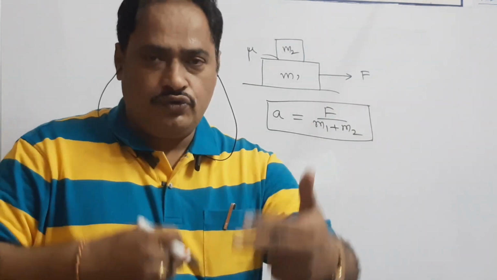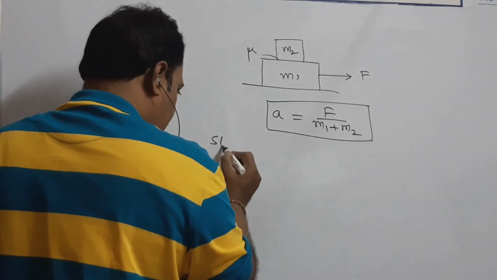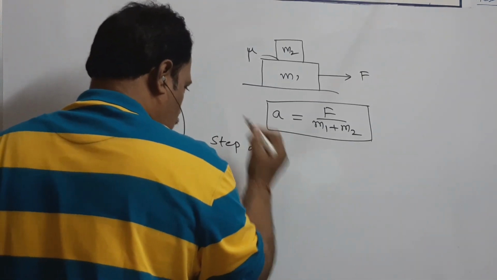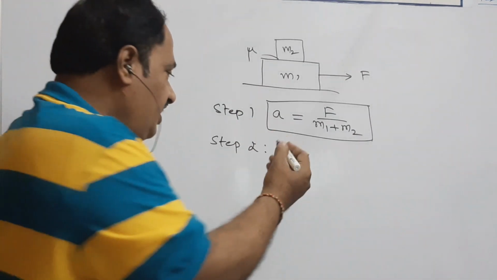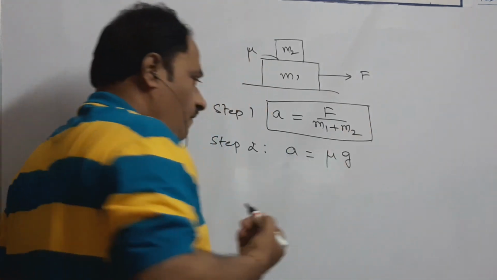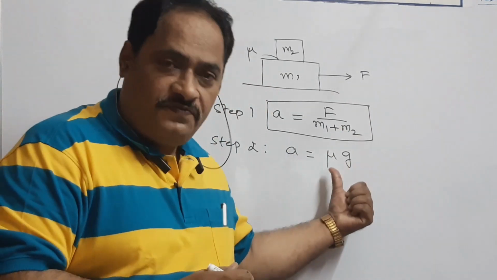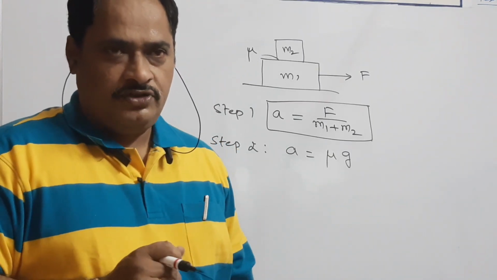After that, for another simple calculation, this is step number 1. Step number 2: A dash equal to mu g, where mu is the coefficient of friction and g is the acceleration due to gravity.